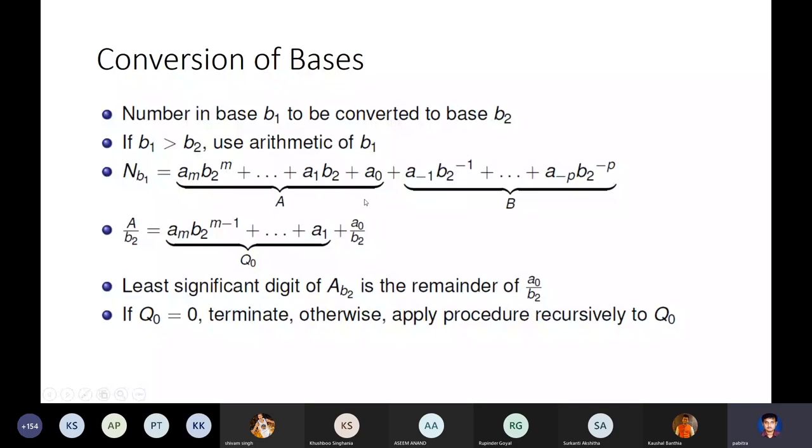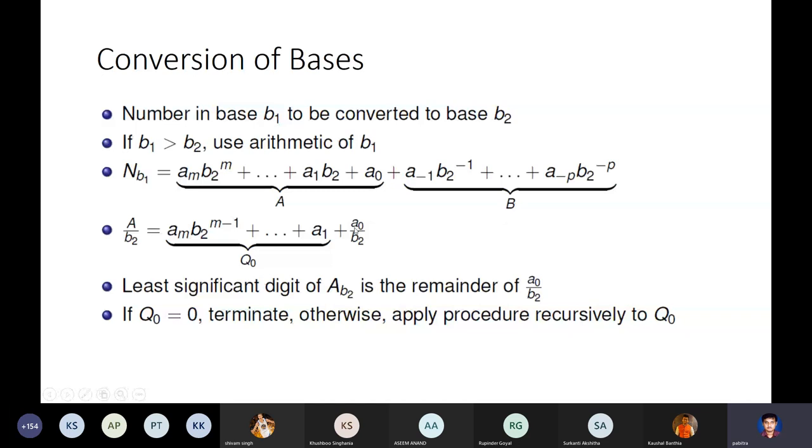So if you get the remainder, that gives you the least significant digit of the integer part. And if you just look at the quotient Q0 and again divide by B2, you get a1, similarly a2. So you go on doing this till the quotient becomes 0 and terminate. Otherwise you keep on recursively doing it.